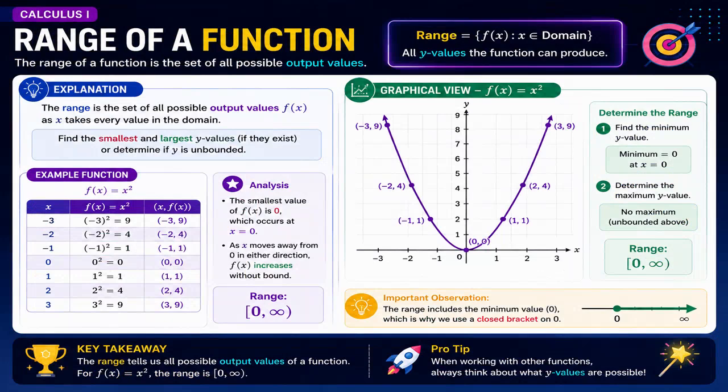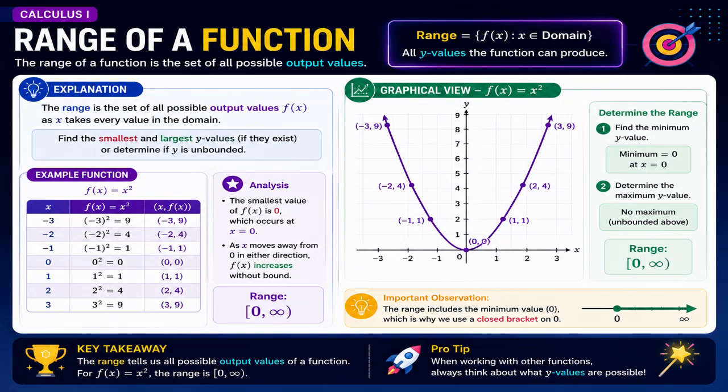In addition to the domain, every function has a range. The range is the set of all possible output values produced by the function. Consider the function x squared. Regardless of the value of x, its square is always non-negative.